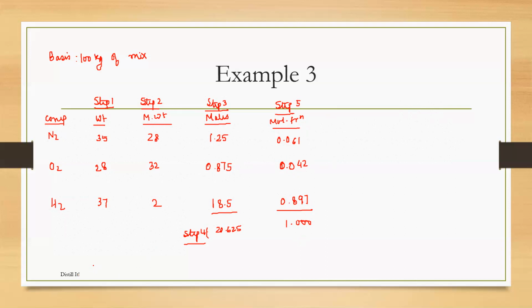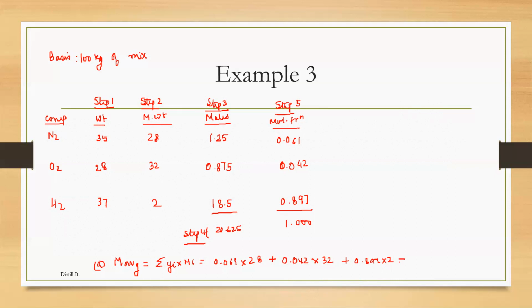Once we get the mole fraction, the first part of the problem can be solved, that is, calculate the average molecular weight. Average molecular weight is the summation of the product of mole fractions into molecular weight. So that is 0.061, the mole fraction of nitrogen, into the molecular weight of nitrogen, plus mole fraction of oxygen into molecular weight of oxygen, plus mole fraction of hydrogen into molecular weight of hydrogen.